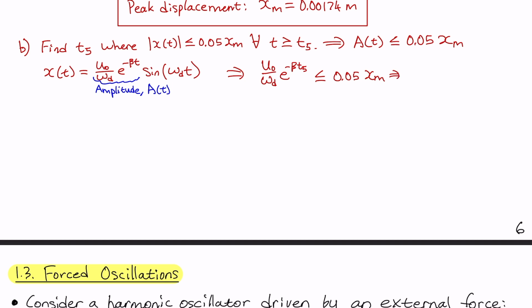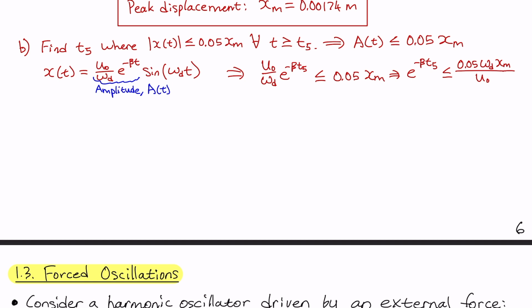So we get that e to the minus beta t5 must be less than or equal to 0.05 times omega d times xm divided by u0. We're then going to take a natural log of both sides to get rid of that exponential.